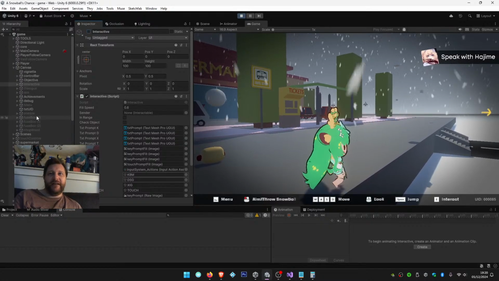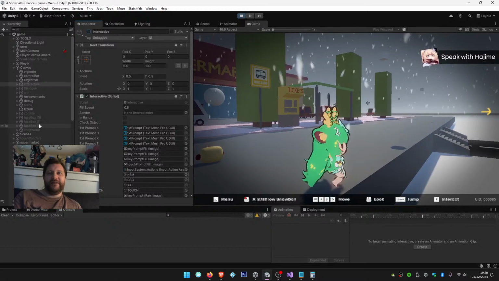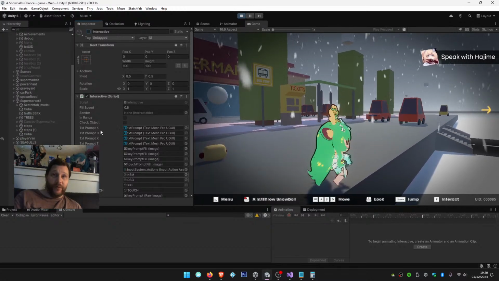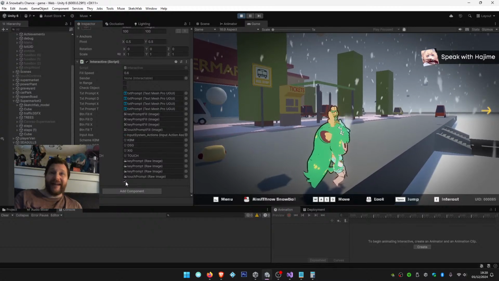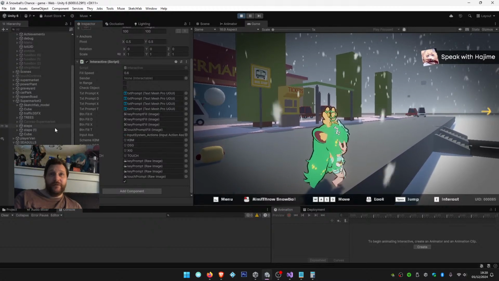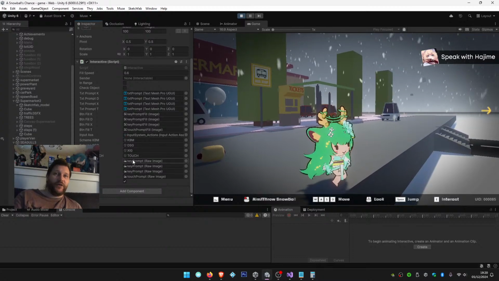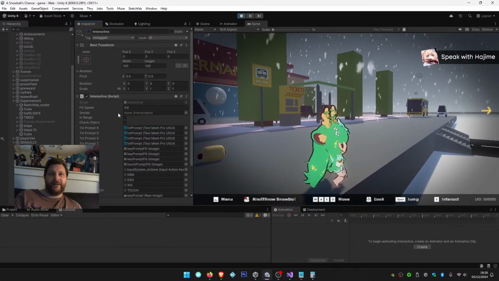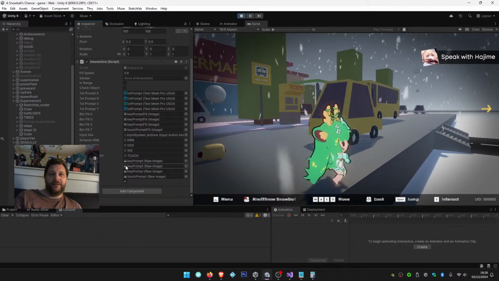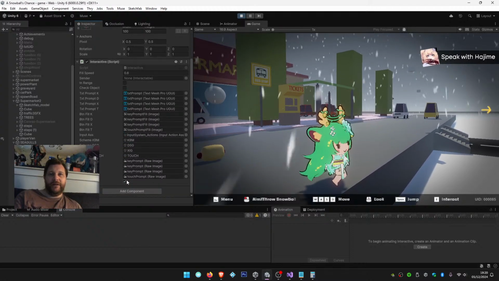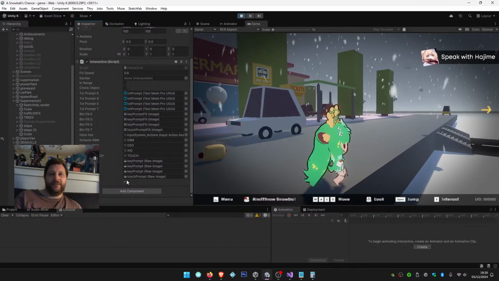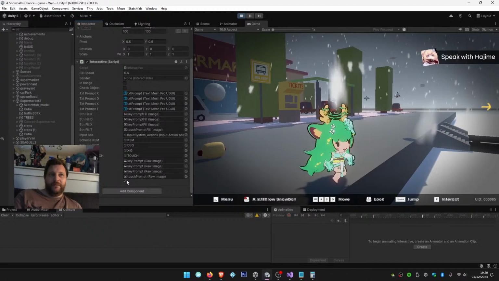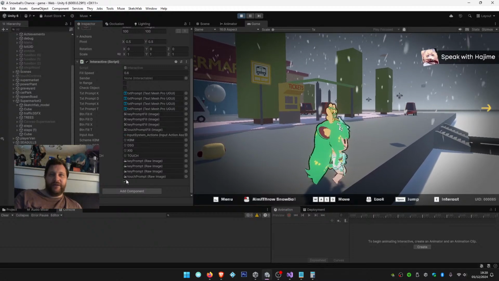So let's make it so that when the dialogue system is enabled, it deactivates the interactive system, so the interactive system doesn't come up, and make it so that the interactive system only interacts basically when the dialogue system isn't open.